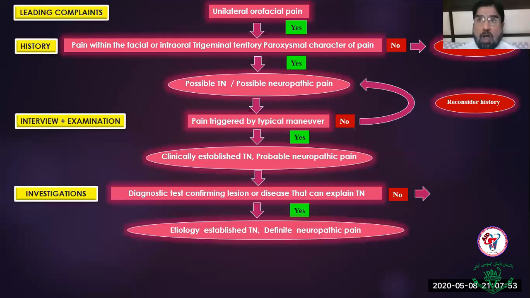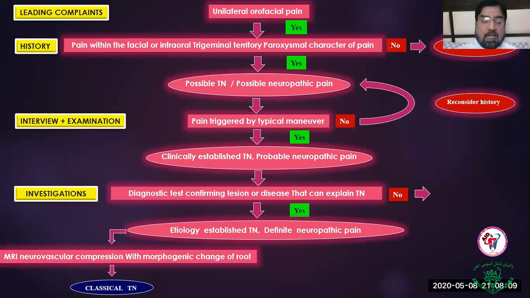Now if you have gone for the MRI and you have established the etiology, then that is definitely a trigeminal neuralgia established by MRI diagnosis. If MRI shows neurovascular compression with morphologic changes of the roots of the trigeminal nerve, then it is called classical trigeminal neuralgia.